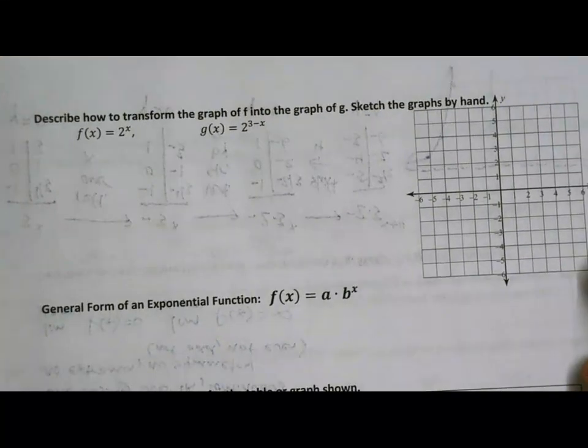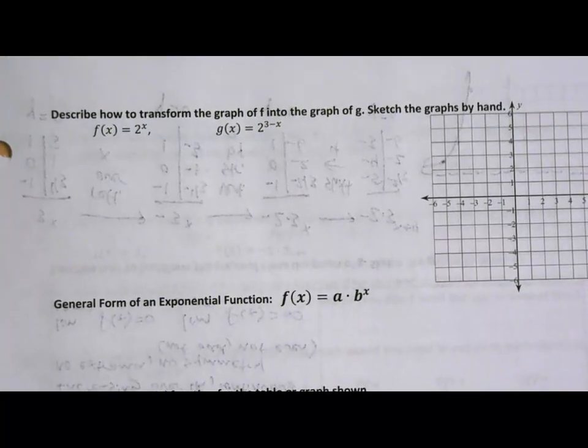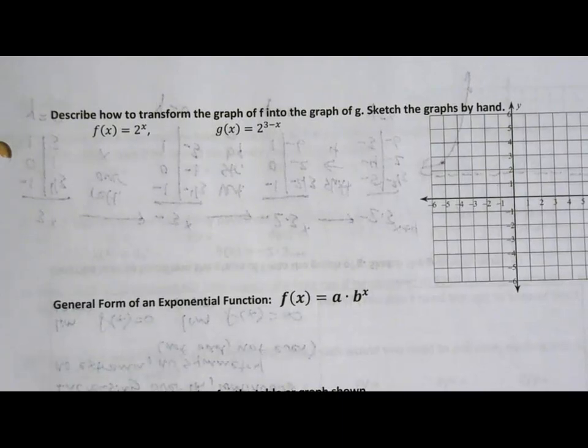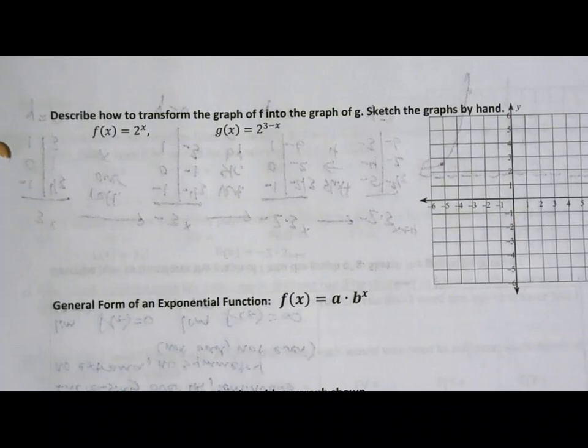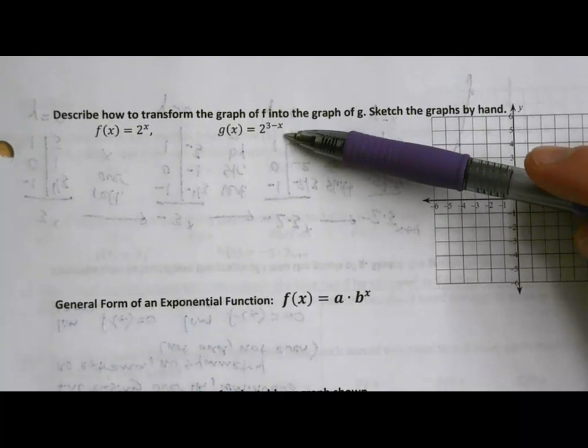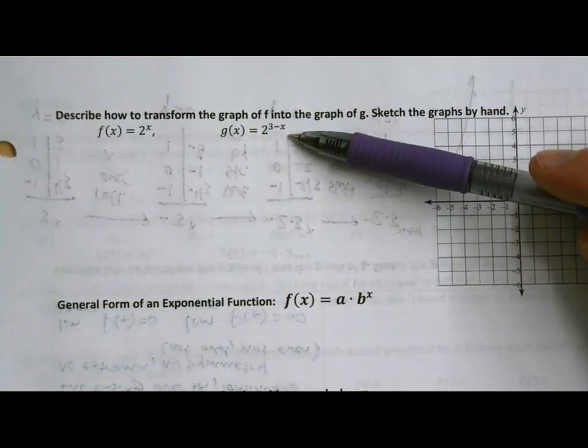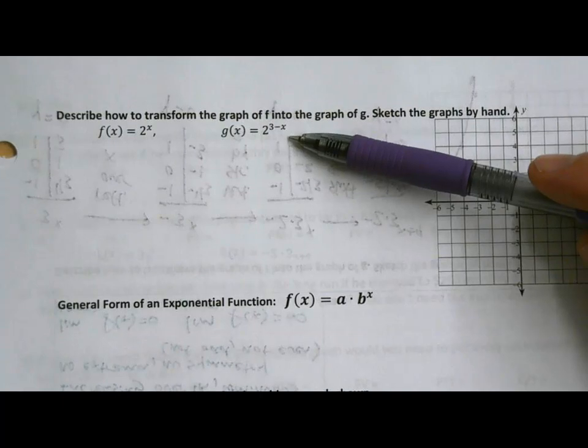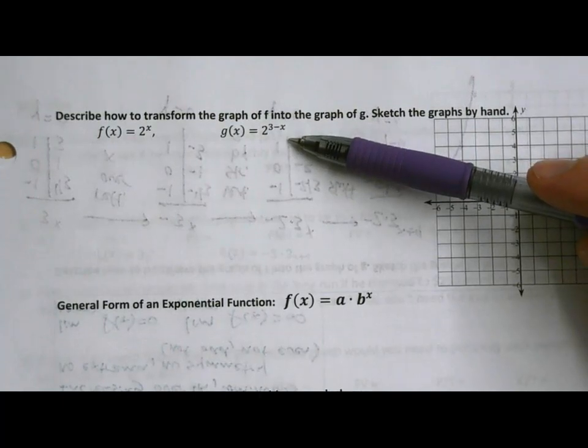I'm sorry that everything's upside down here, but I don't know what happened. So I don't want to skip the whole problem here because there is something that I want to at least get us started on with this. When you look at this function and we think in terms of transformations, I don't like the way that looks. Do you guys like the way this looks? What do you think?